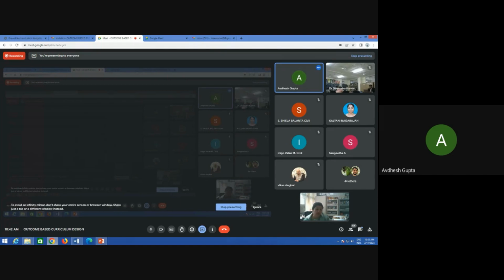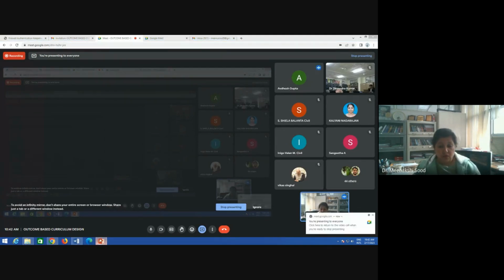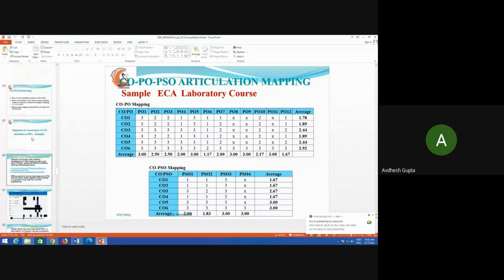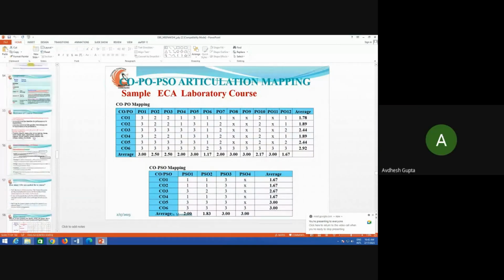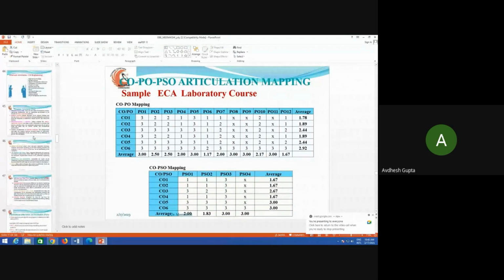No, every CO has to be mapped. See, I'll just show you. As you showed this table to us, we have some table cells blank. So that should not happen. Nothing has to be blank.